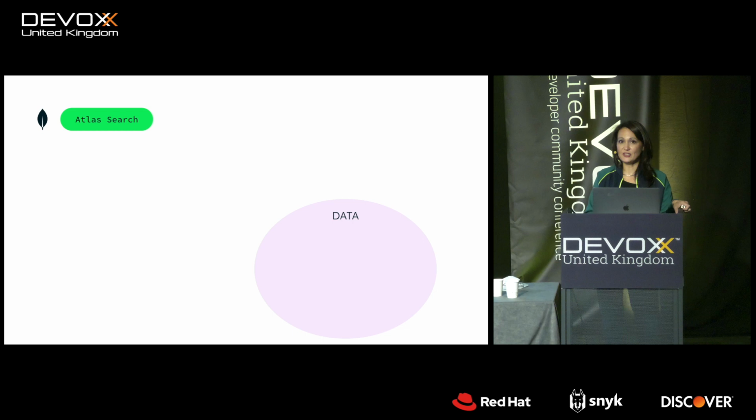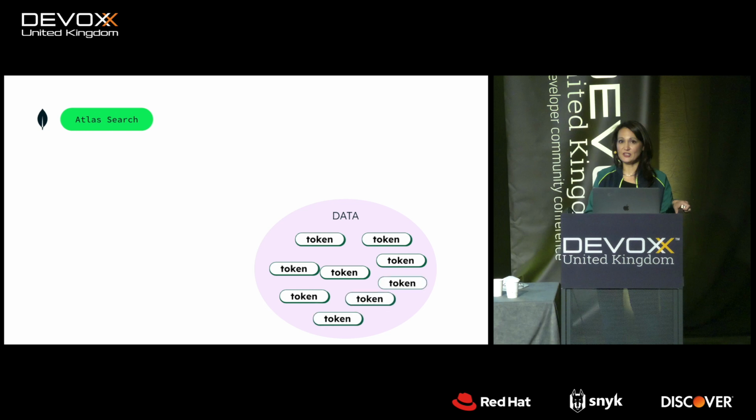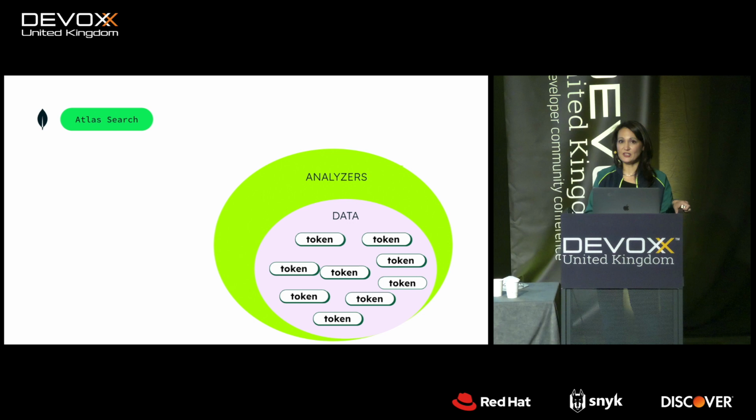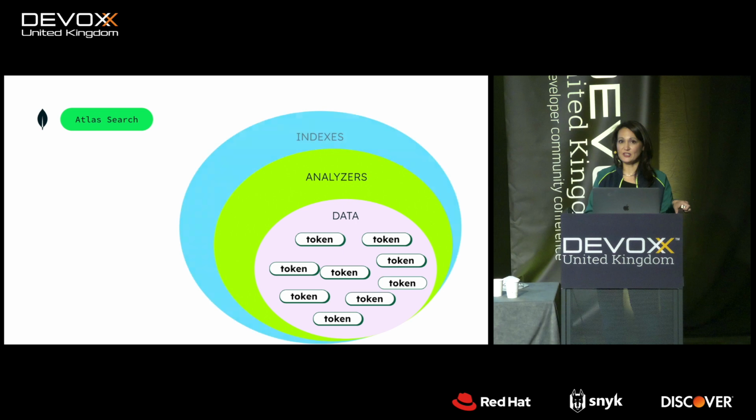If I can leave you with a few things, I've got a little bit of time left. Data: think about your data when you're playing the search game in order to play it well. Think about how people are going to be querying it and what you anticipate your tokens to be. Knowing what these tokens are going to be, you can think about what your analyzer is. Pick your analyzer according to that.